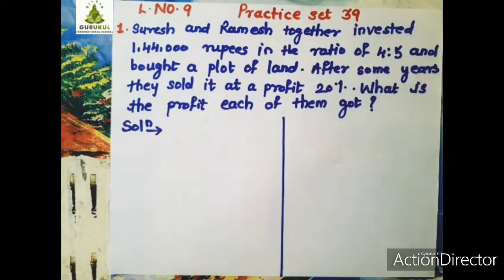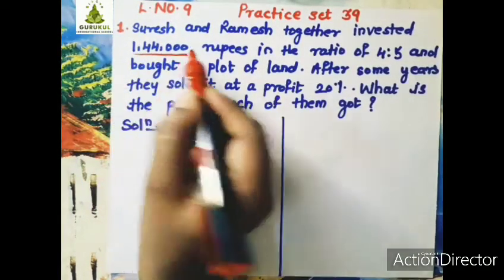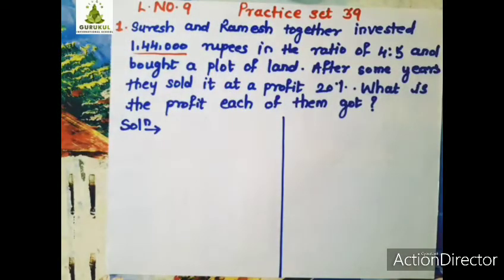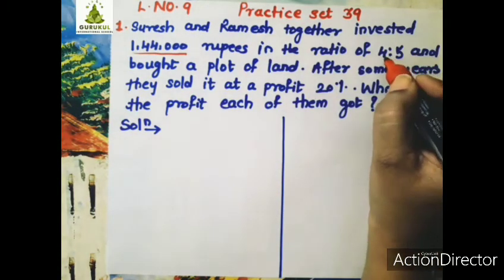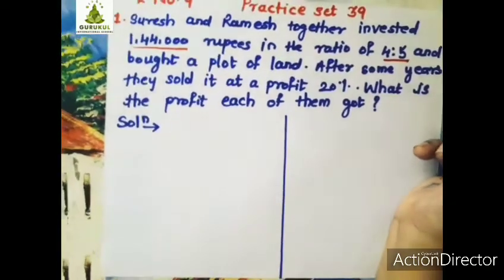Now two friends have invested money. Total was 1,44,000. They have not given us the individual amounts. Correct? So after some years when they sold it at a profit of 20%, then what is the profit each of them should get? But the second information they have given is that they have invested in the proportion 4:5.